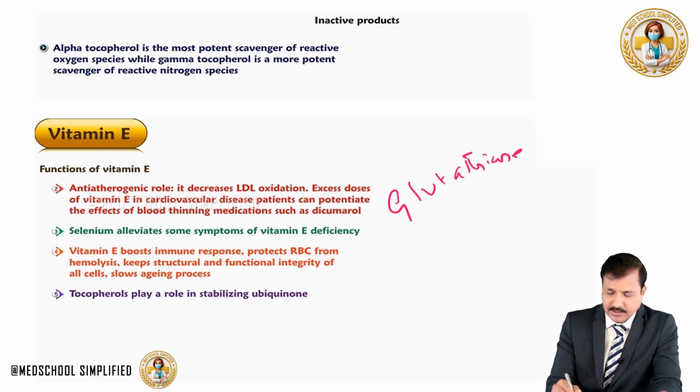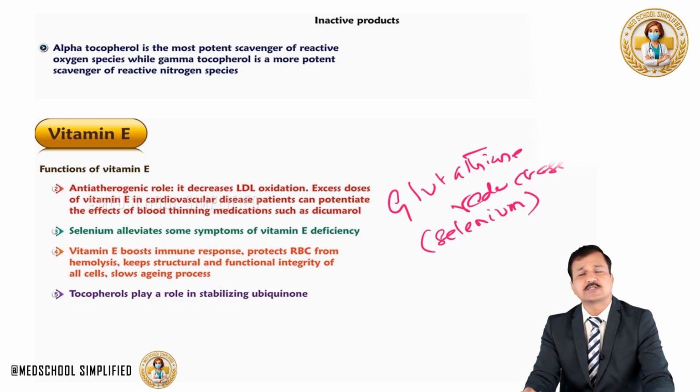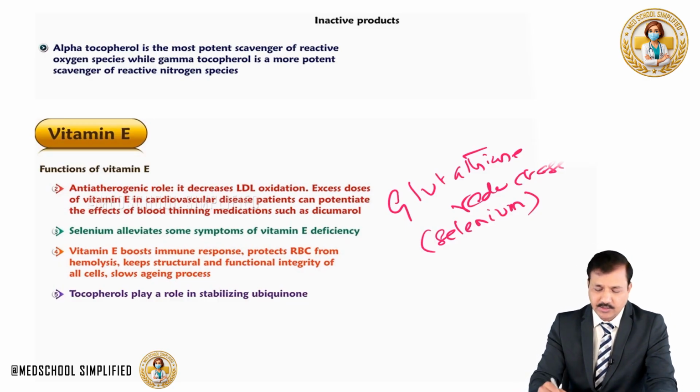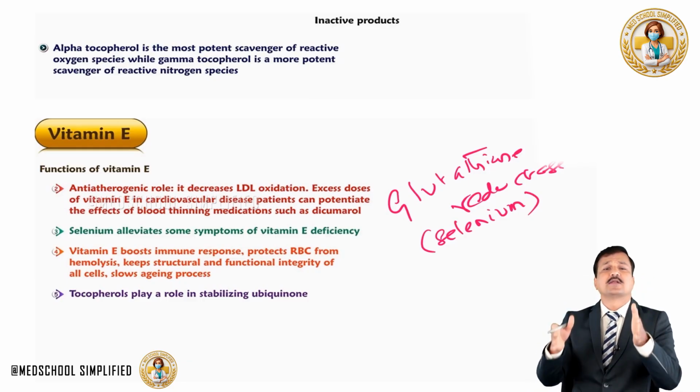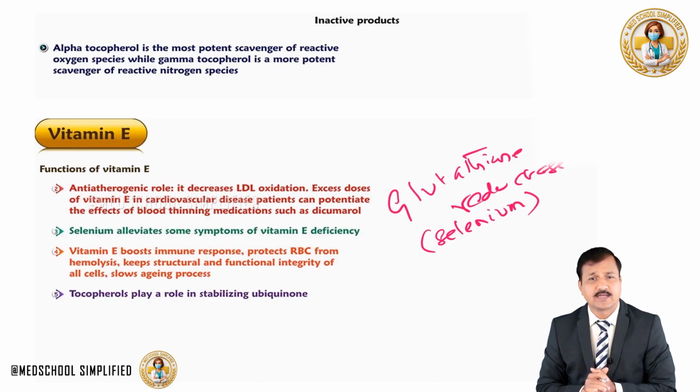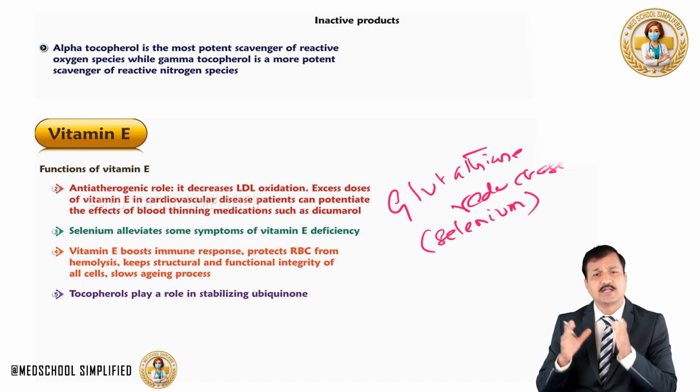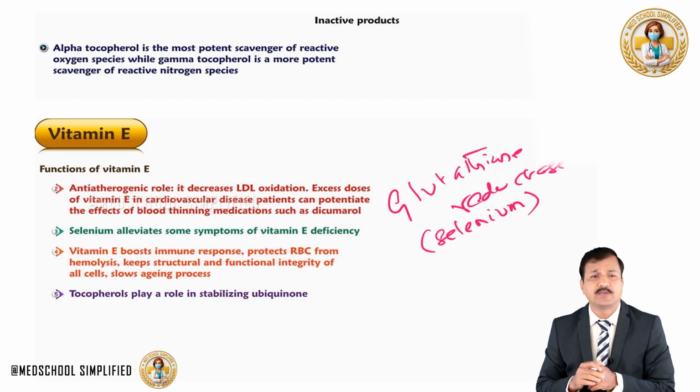It's a selenium containing enzyme, and supplementation of selenium will improve the glutathione reductase enzyme activity. Thereby, it will decrease reactive oxygen species, and thereby some of the effects of free radicals can be decreased, and that's how symptom improvement may be seen.